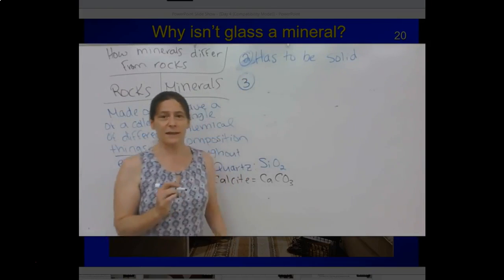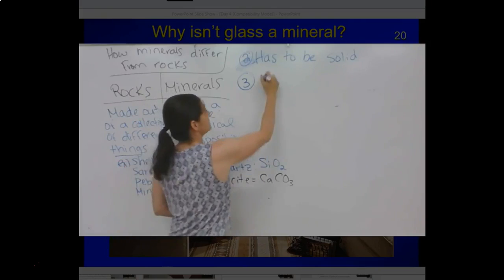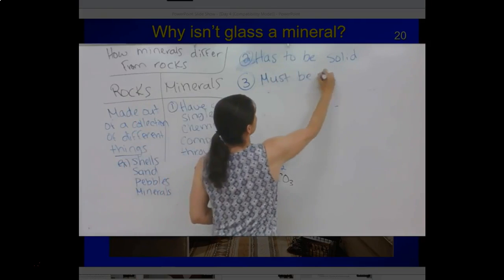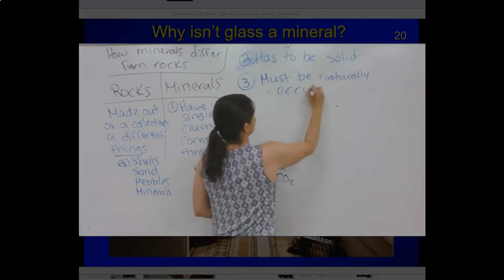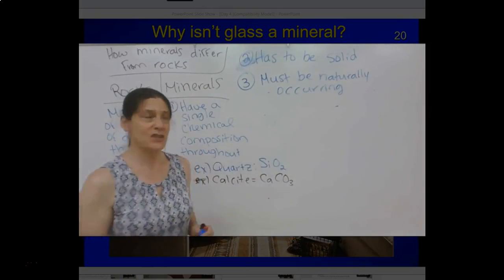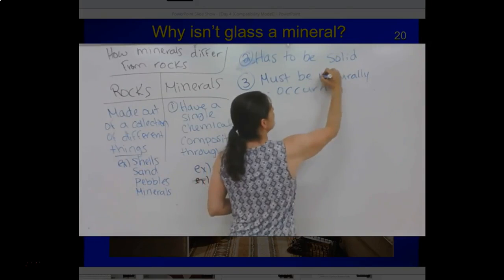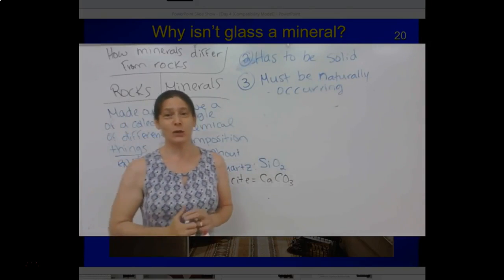So a third thing, and the wording we tend to give it, is it must be naturally occurring. To be a mineral, you must be naturally, that's an N, a little hard to see, but it must be naturally occurring.